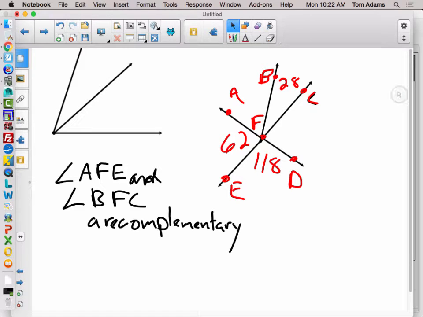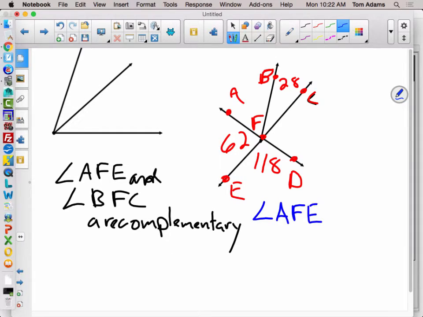So let's highlight that. If the angle AFE plus the angle BFC, and I should really say the measure of these angles, so the measure of this plus the measure of that, if they add up and equal 90, then they are complementary.